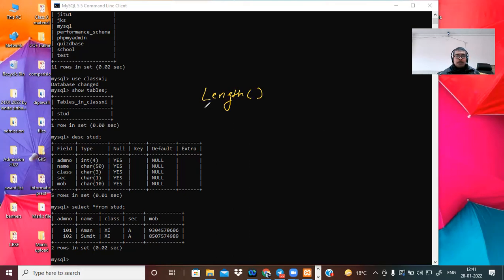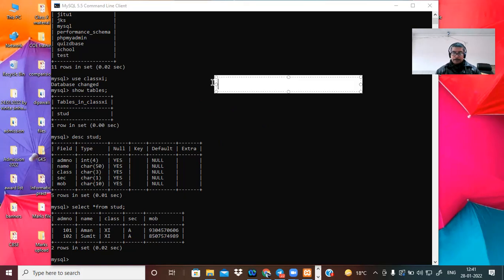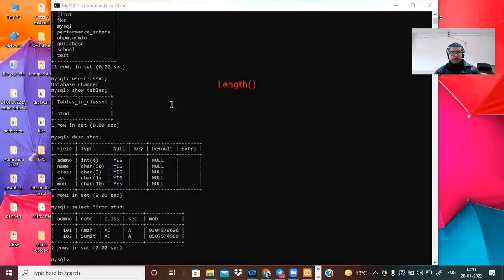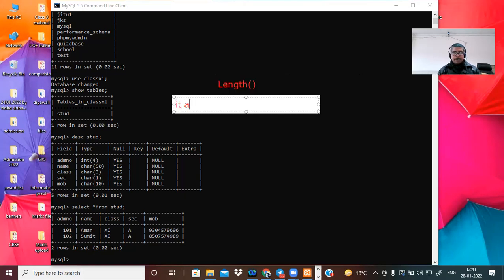Now, what is this length function? What does it do? It accepts one string.